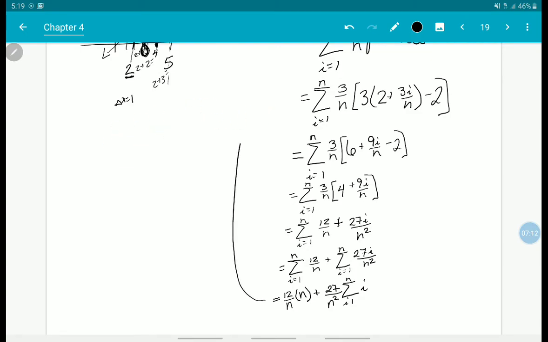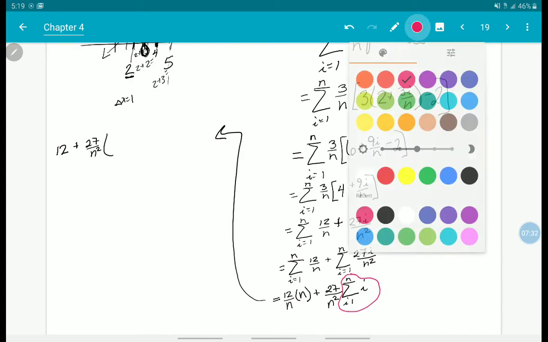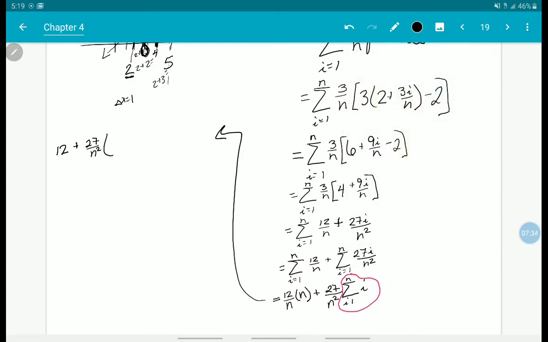Then if we pull this up here, those n's reduce. So I'm doing some reducing as I work through this. And then we have 27 over n squared. And then this sum, if you remember, had a formula. That was Gauss's formula that we talked about. So that's the same thing as n times n plus 1 over 2.